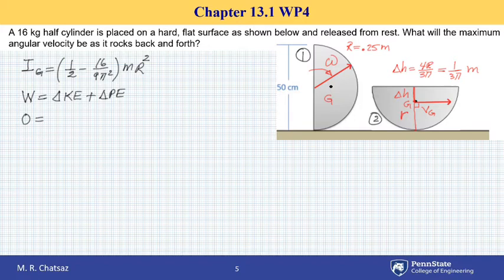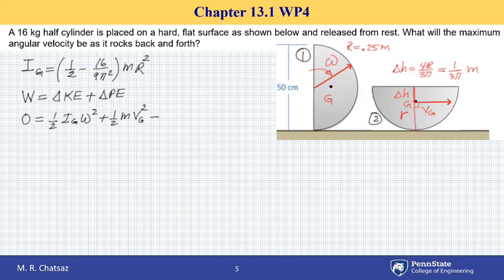Then I have two components for change in kinetic energy: 1/2 Ig omega squared plus 1/2 m Vg squared. And as far as change in potential energy is concerned, observe that mass center G is lowered to a secondary position as shown in the diagram.